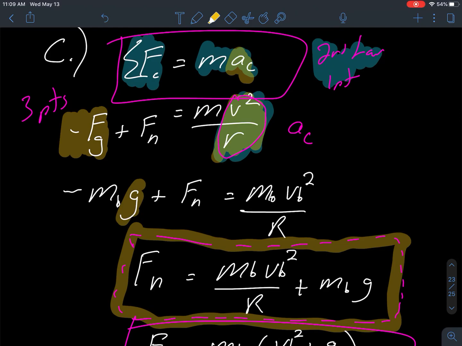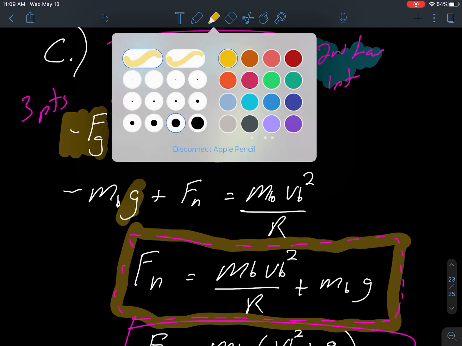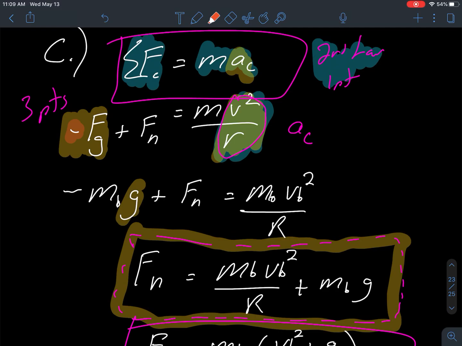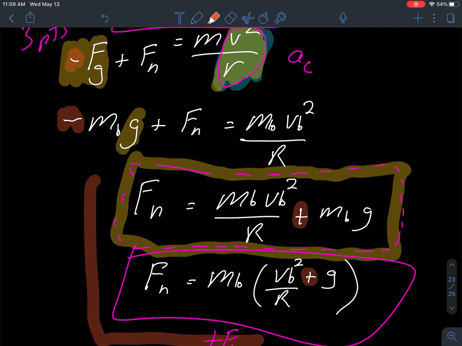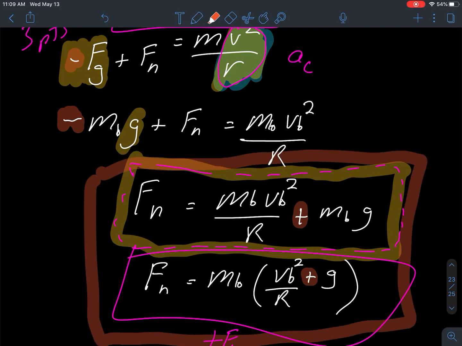We know that our force of gravity is going down, so we need to assign that negative here. So that in the end, if we're just comparing ratios or relative values, there's a reasoning why this is going to be positive and not negative. So either of these would have given you that third point.